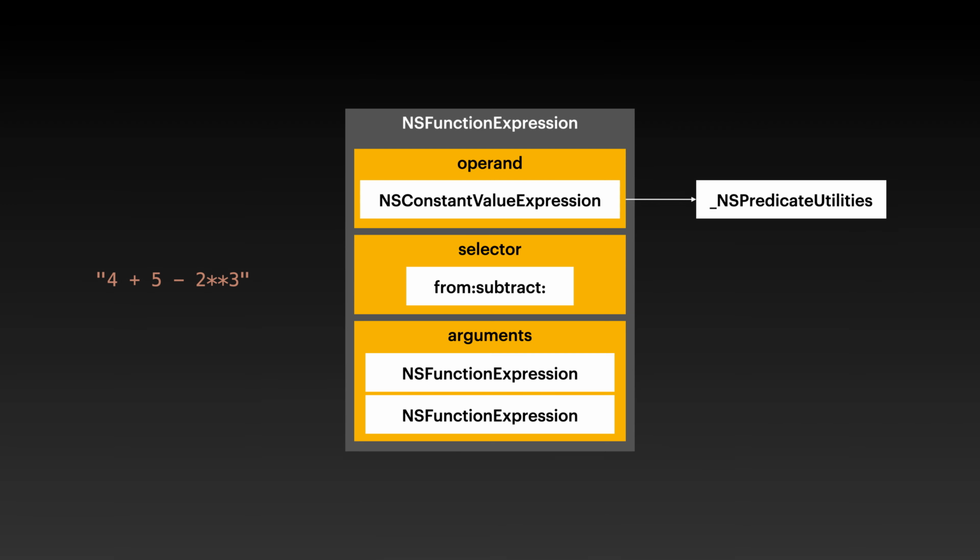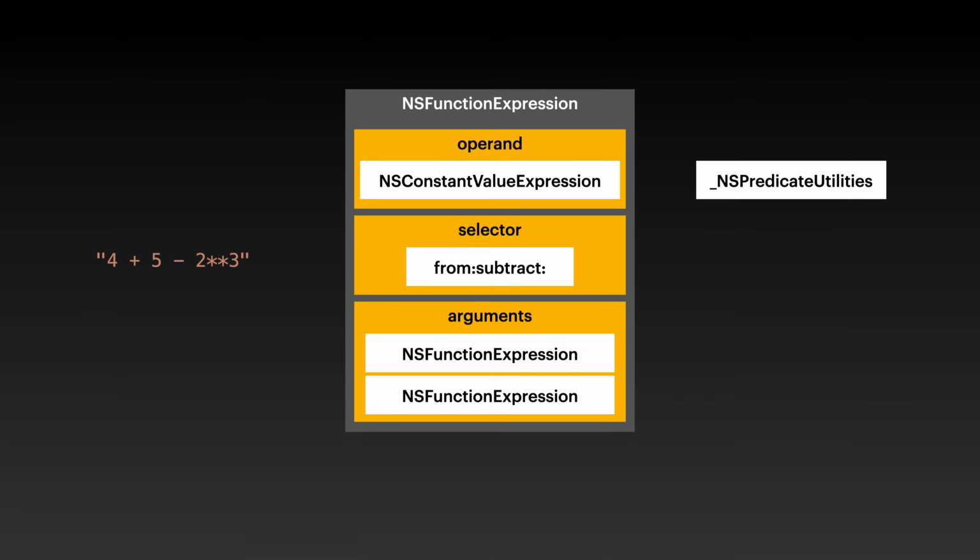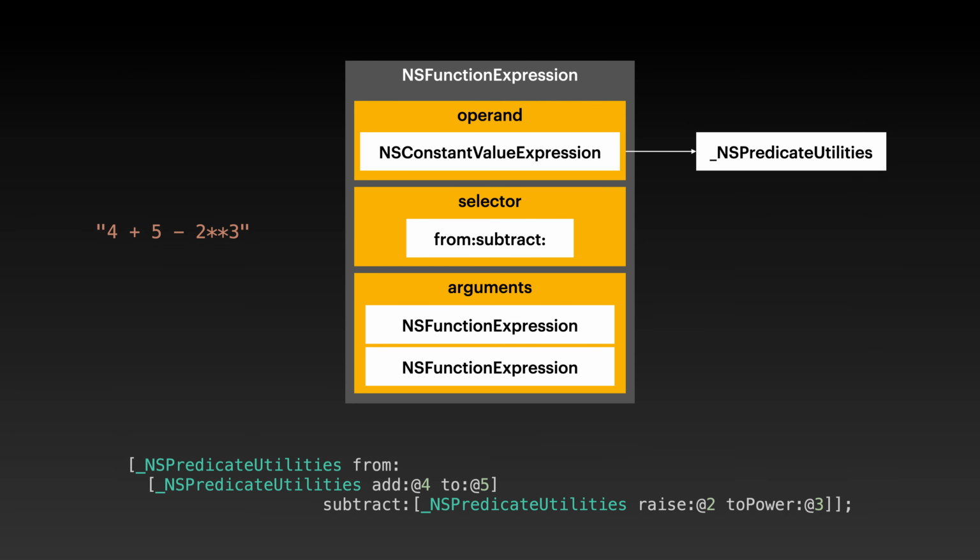For example, the subtract operator becomes this method, from:subtract:, and the arguments are the subnodes of other NSFunctionExpressions. This expression equals the following Objective-C code.